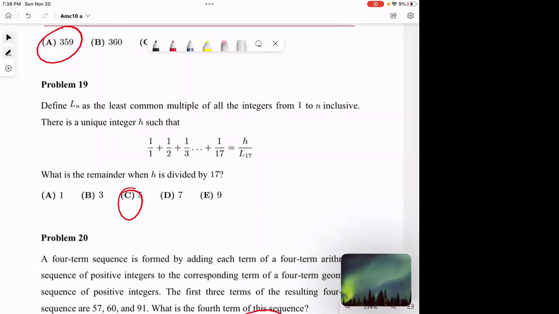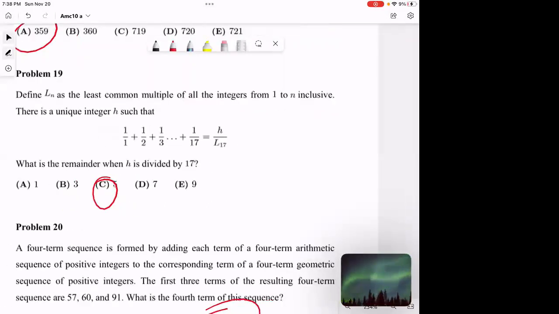Let's work on number 19 now. Define L of n as the least common multiple of all the integers from 1 through n inclusive. There is a unique integer h such that, okay, we're looking for h. What is the remainder when h is divided by 17?